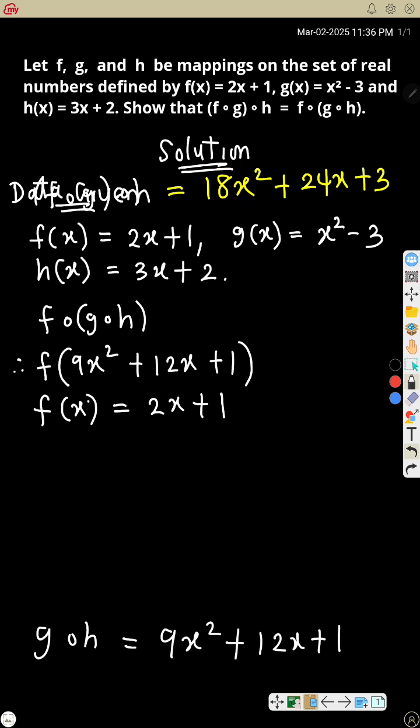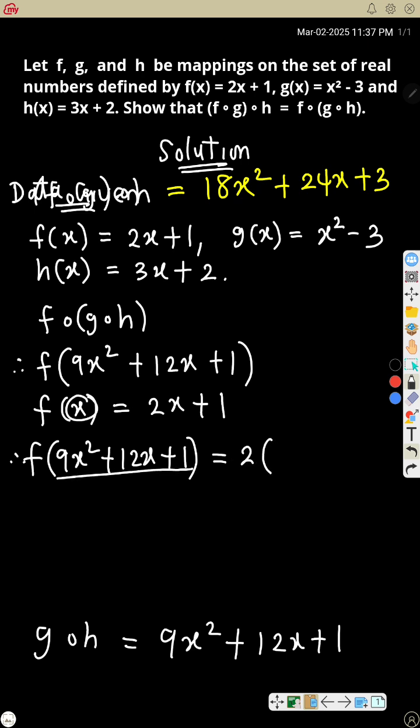If you compare this function of x and this function, it means anywhere you see x, put 9s squared plus 12s plus 1.